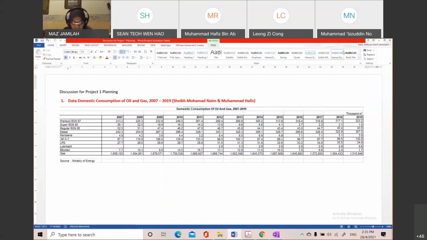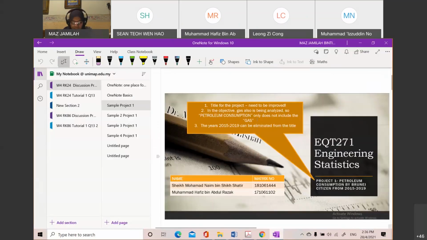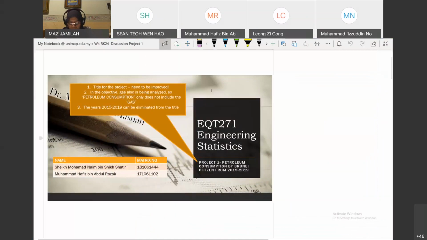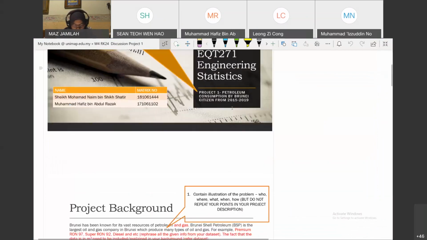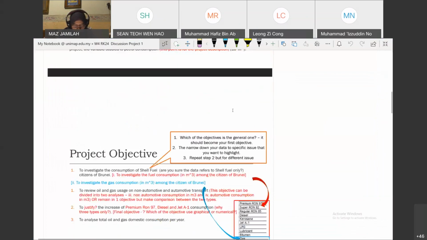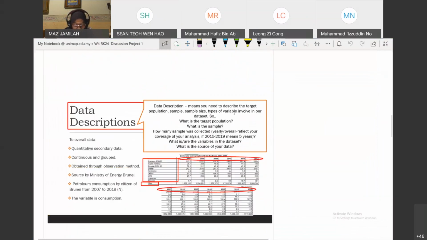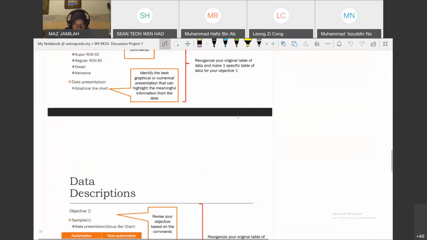Okay, this is the first sample project that I think is good for me to share, because this group has come up with a good approach on how to do the project.